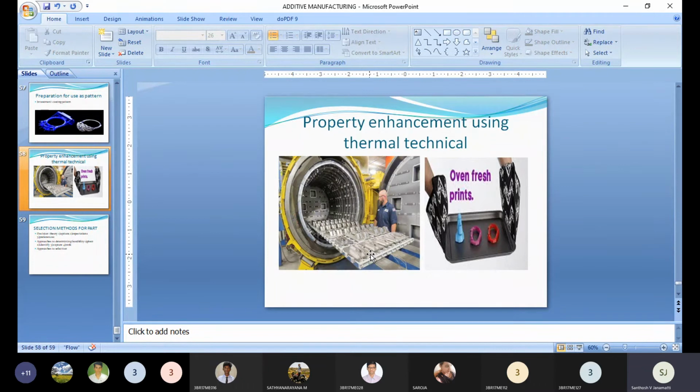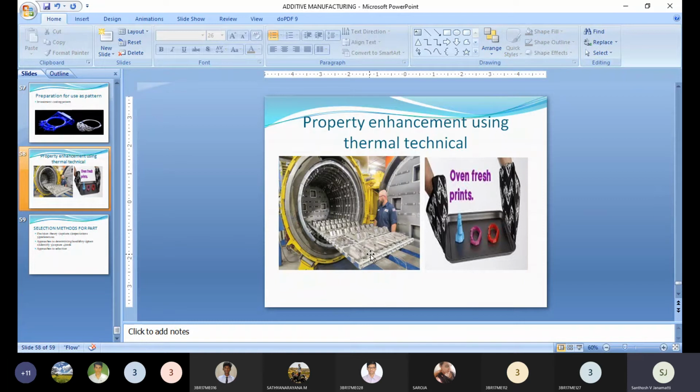Hope you understand. These are the reasons we cannot expect a long service life of the 3D product. We have to enhance the service life of the 3D product.